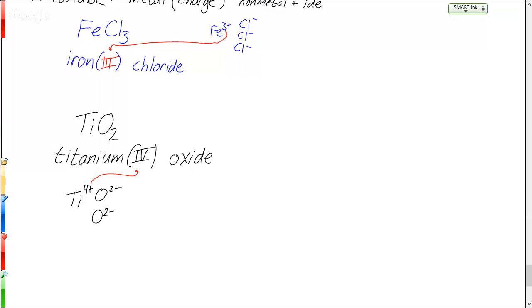All right, let's try another one. Try a couple of them here. Let's try Ni2S3 and COCl2.